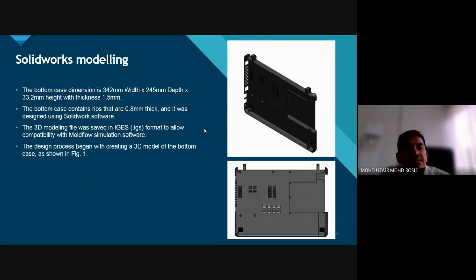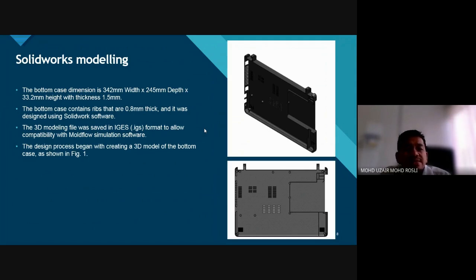So the first step is SolidWorks modeling. As we can see here, the bottom case dimension is mentioned in this slide with the thickness of 1.5 millimeter. The bottom case contains ribs that are 0.8 millimeter thick, and it was designed using SolidWorks software.